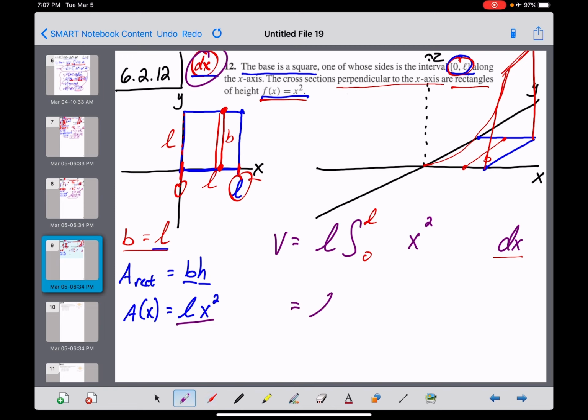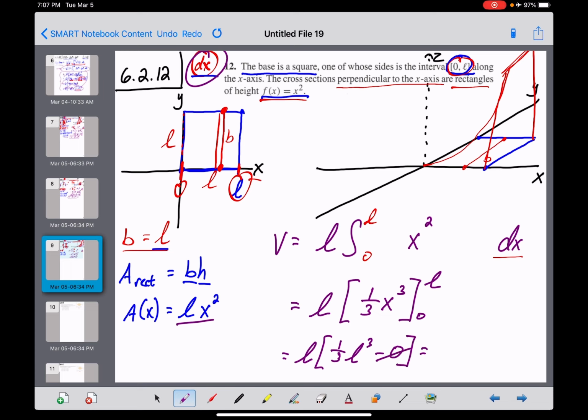So what do we have? The L out in front, and then in brackets, the antiderivative of x squared, I think this is the third problem in a row where this has happened, is 1/3 x cubed evaluated from 0 to L. So let's see what that gets us. L out in front, and then in the brackets, 1/3 times L cubed can't be simplified, so that's what it is, and then minus 1/3 times 0 cubed, which is just 0.